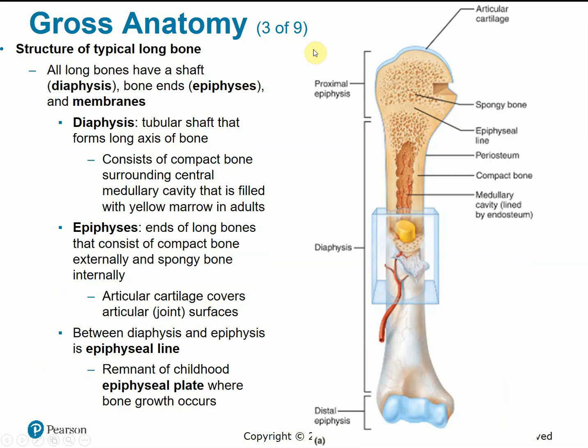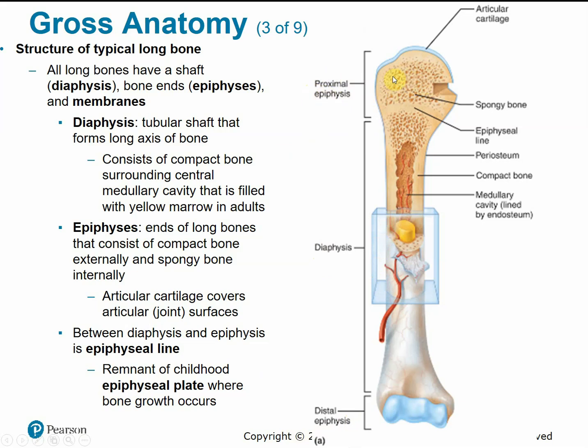Looking at the structure of a typical long bone, all long bones have a shaft or a long portion called the diaphysis. And they have two ends called the epiphysis. So remember, epi just means above, like when we talked about the epidermis. So the epiphyses are going to be on the ends of the bone. So you would have a proximal epiphysis, right?